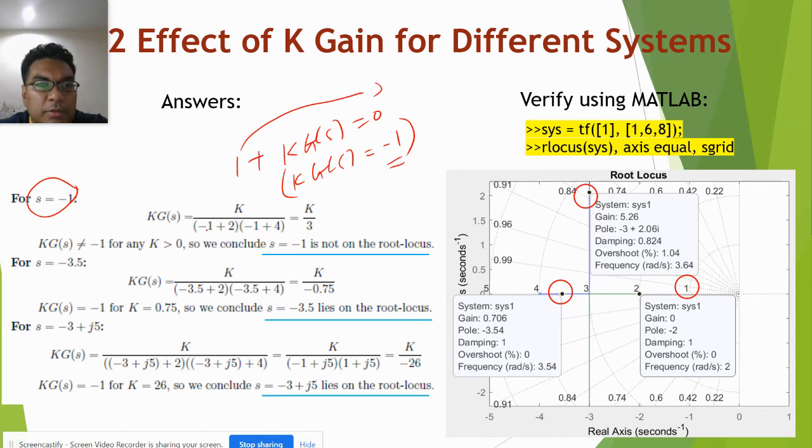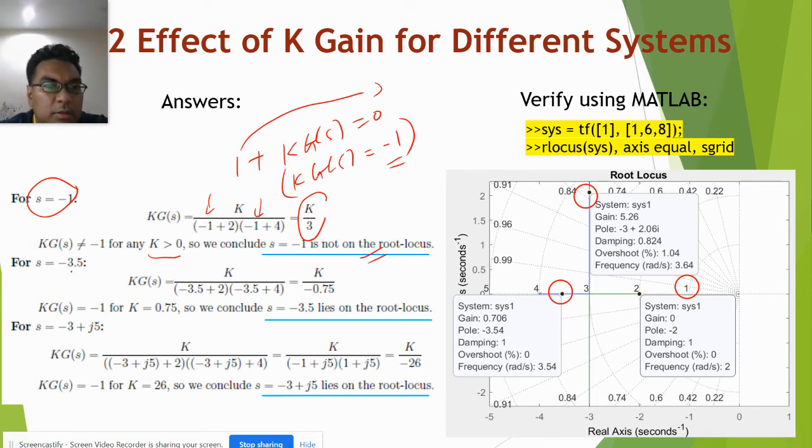So for example, you replace the value of s equal to -1 in these two locations, and you get a solution of k divided by 3. So you know that this is impossible for k greater than 0 to give a value of -1. So the conclusion is that s equal to -1 is not on the root locus.